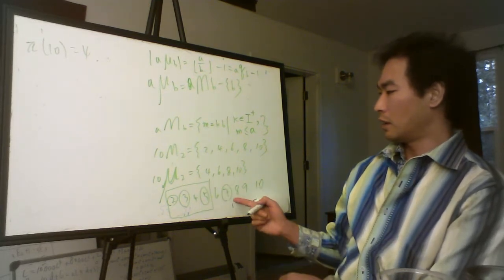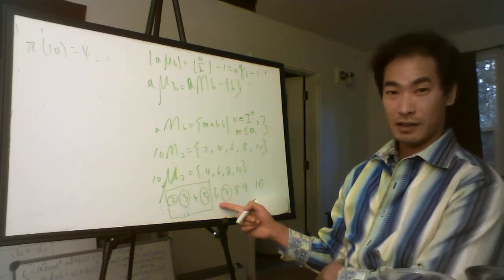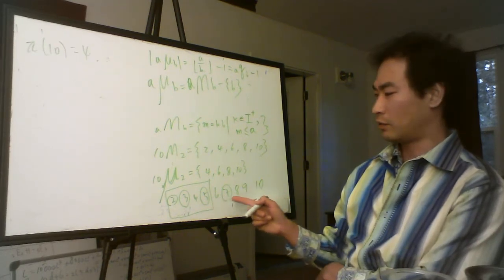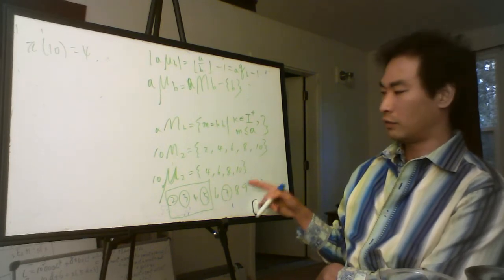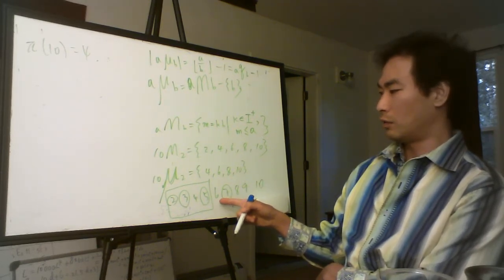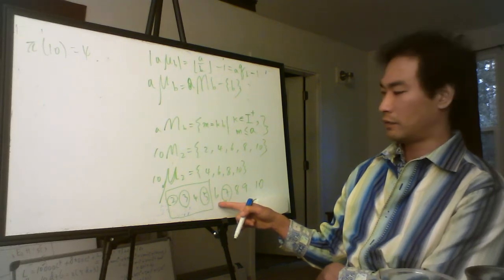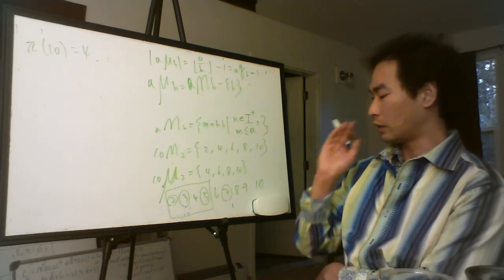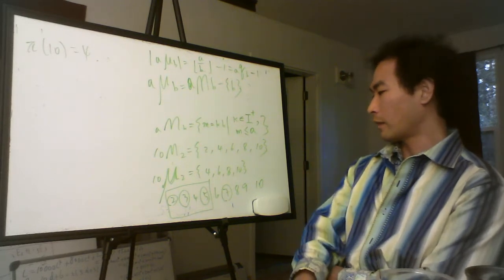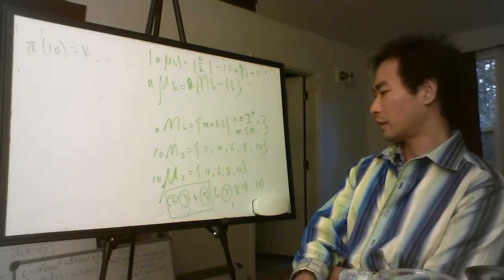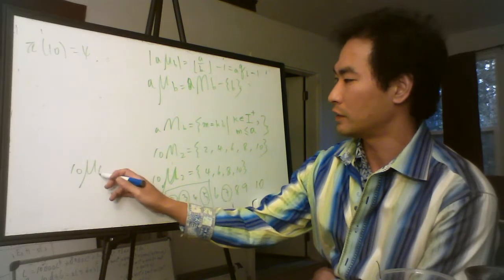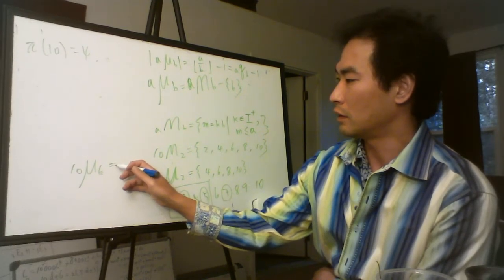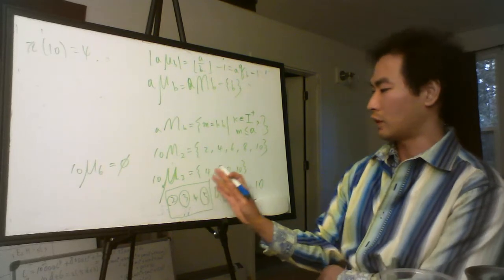Are there any multiples of 6 in this set? No, because 6 times 2 is already more than 10. So there are no multiples of 6 other than itself. Same as 7, 8, 9, or 10. So what I'm saying is the proper multiple set of 6 is the empty set, so we don't need to care about that.